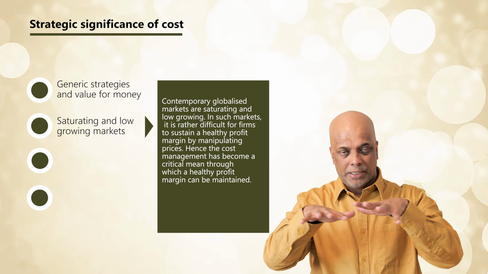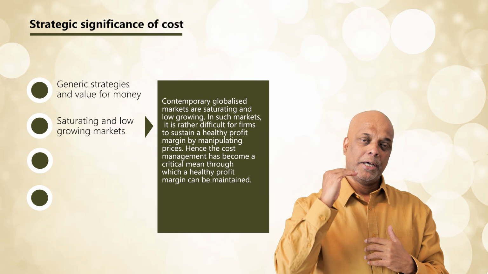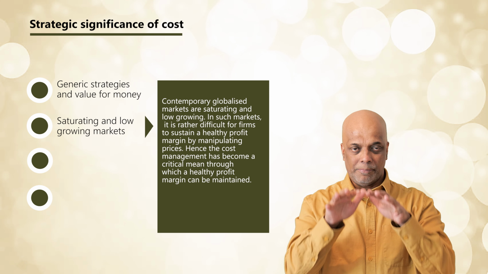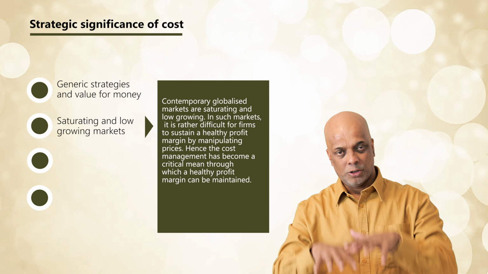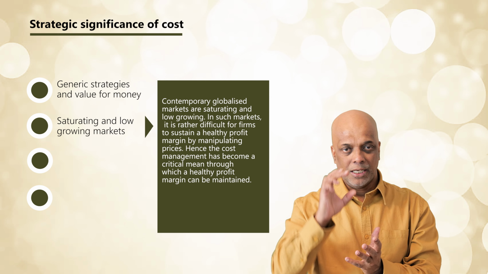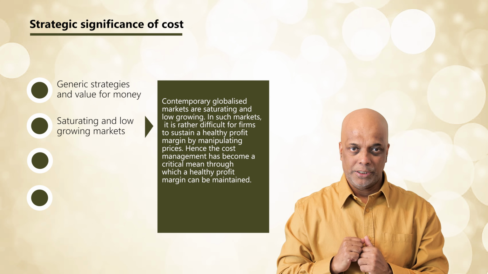So in such a market, where price manipulation to sustain a healthy profit margin becomes increasingly difficult, the managerial attention needs to be on the cost. So cost management becomes the primary means through which a sustainable profit margin can be achieved.